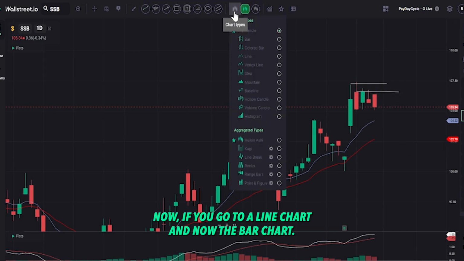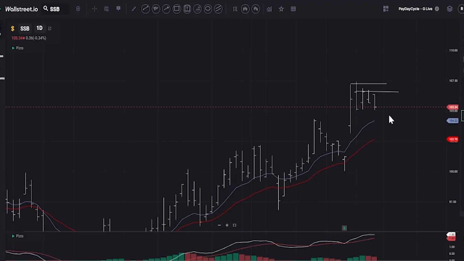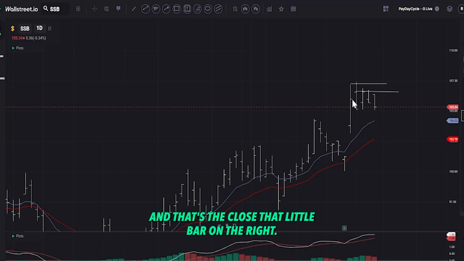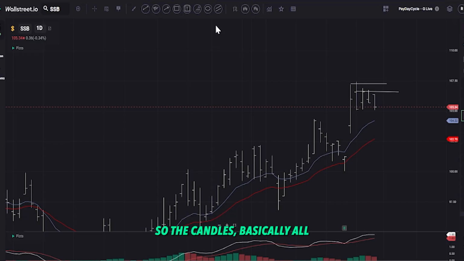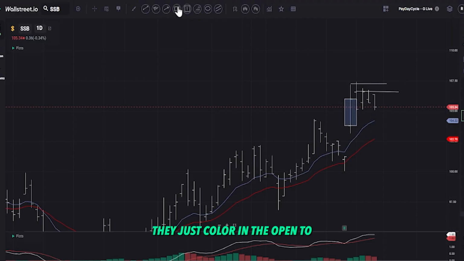Now, if you go to a bar chart, it's your open, high, low, close. See this? This is your open on the left. This is your high. This is your low. And that's the close, that little bar on the right. So all the regular candles do is color in the open to the current price right there.